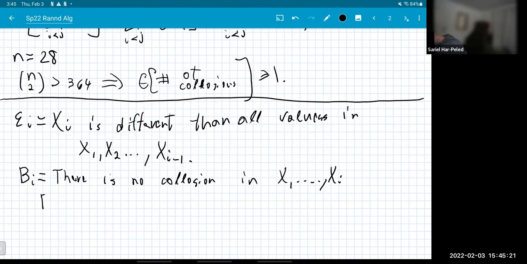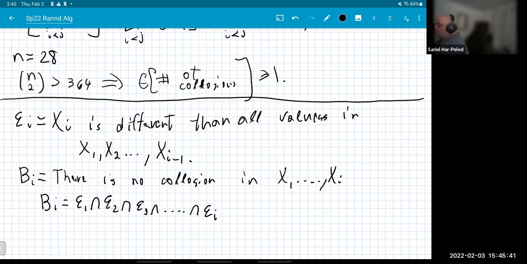Another way of saying it is that Bi is just E1 intersection, well, E1 is kind of the empty event, but still, E2, E3 intersection, well, E1 is the full event, right? It always happened. Ei.